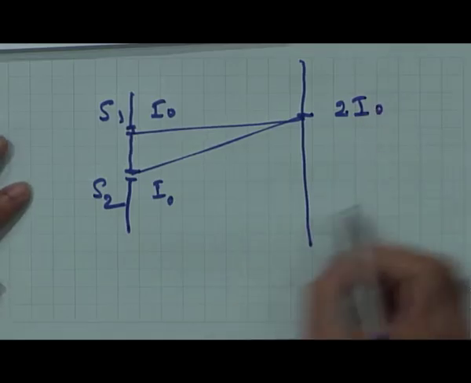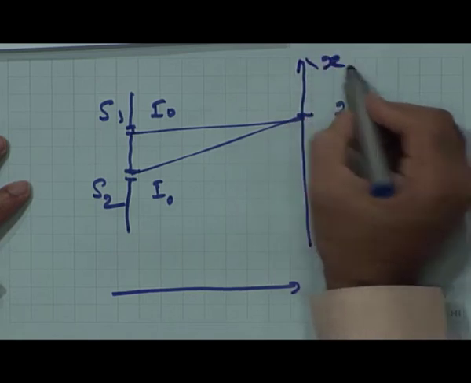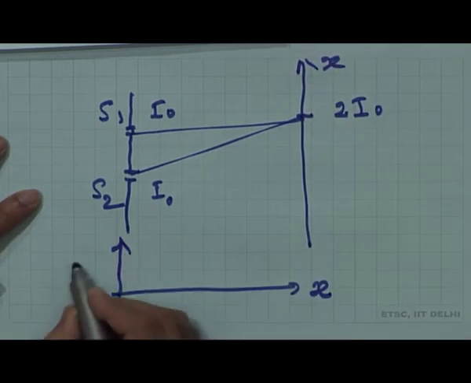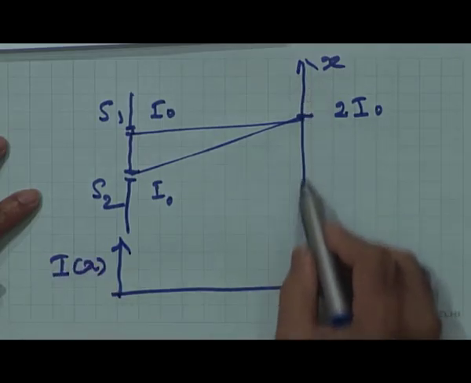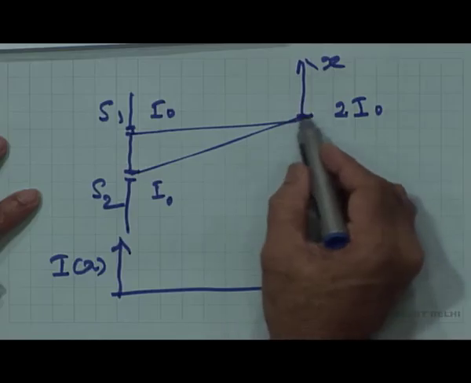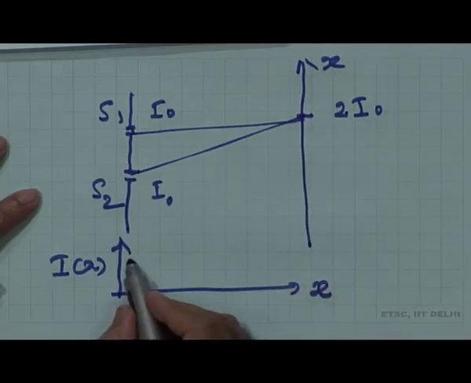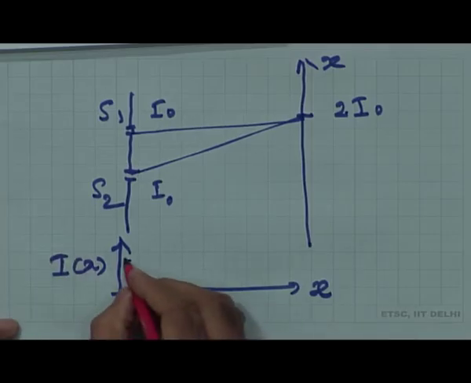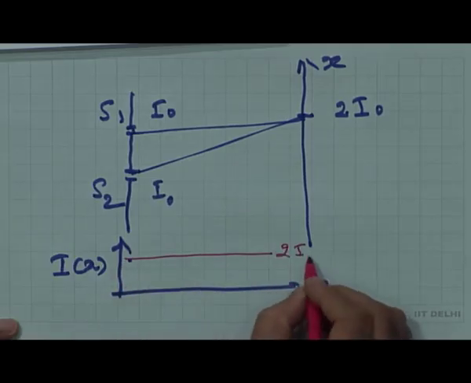In other words, if I plot the intensity along the x direction, the screen, earlier we had very nice fringes, maxima, minima, maxima, minima. Now we simply have, let me take a different color, a uniform 2 I 0.